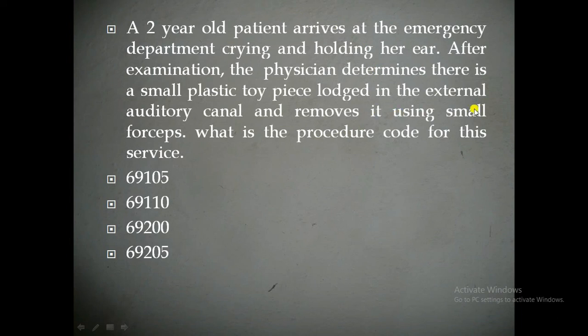So we have to see the method and the location of the foreign body, external auditory canal. So the correct CPT code for this question is 69200. Like this we have to identify in the CPT book or else software, and then we have to code the appropriate answer.